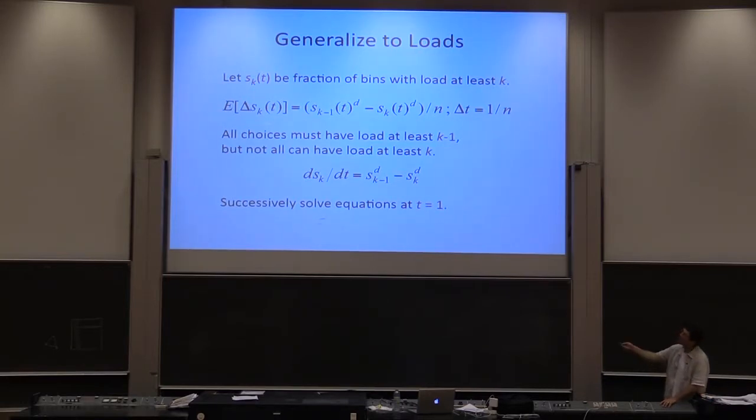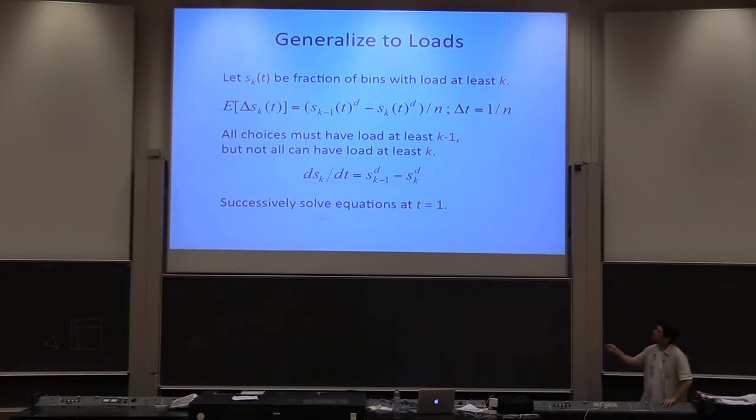Because when is s_k going to increase? It's going to increase when my least loaded bin has load k minus 1. So in particular, I can't have any load smaller than k minus 1, so I certainly need all my d choices to have load at least k minus 1.